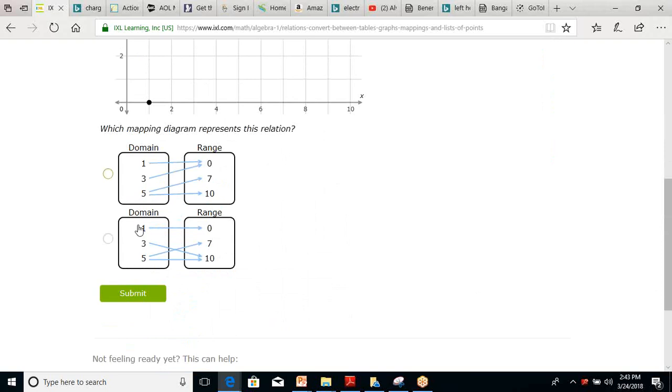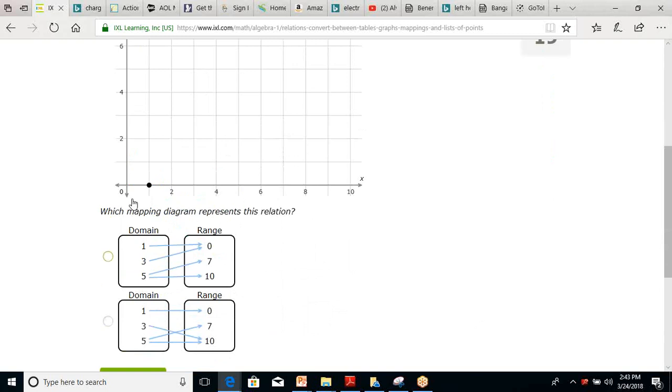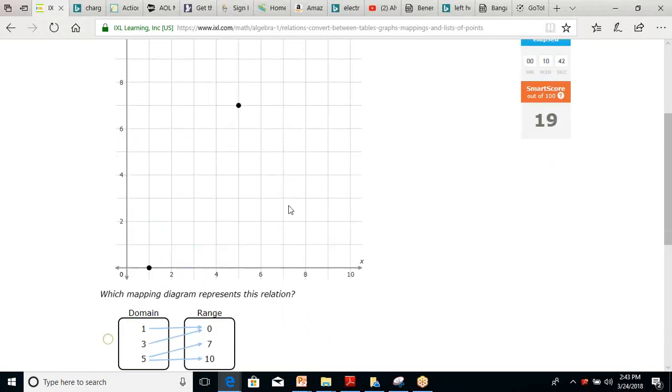All right, so we said that one did correspond. Let's look again. They said which mapping diagram represents this relation. So we know that x 1, y 0, so 1, 0, that's correct. And we also know x 3.